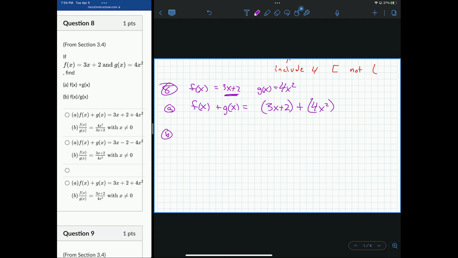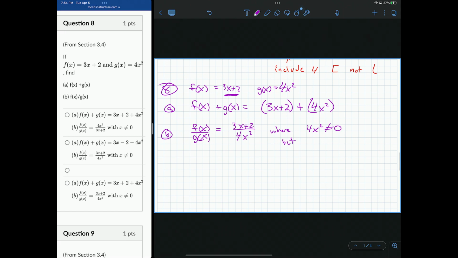B is going to be, looks like f over g. They didn't write it completely vertical like that, but they wrote f over g. And that's going to be f on top, which is 3x plus 2, and 4x squared on the bottom. Now remember that technically we would say where the denominator, which in this case is 4x squared, is not allowed to be 0.